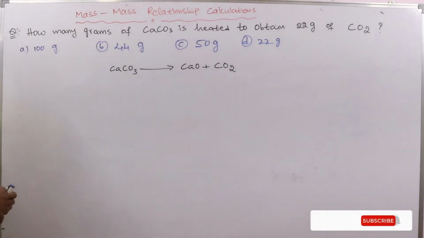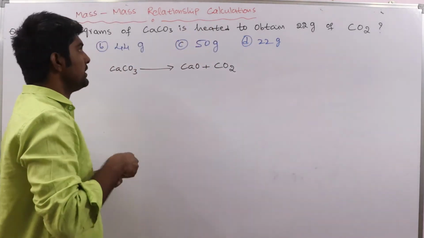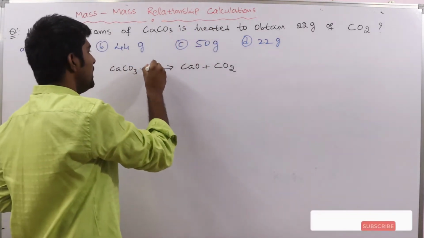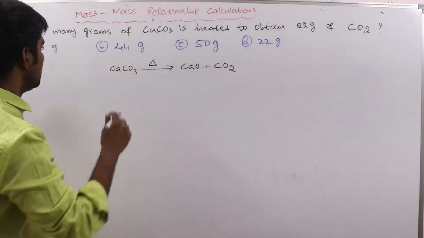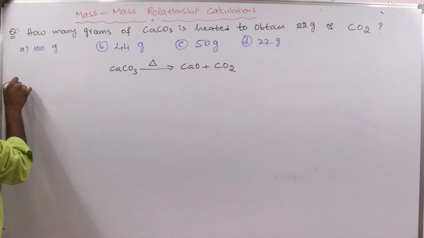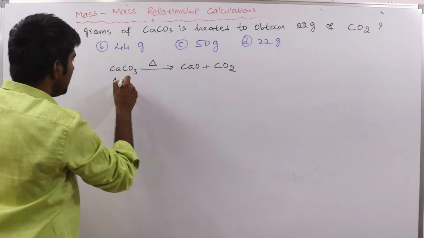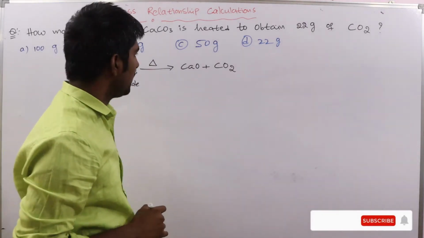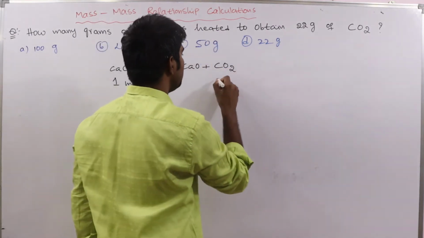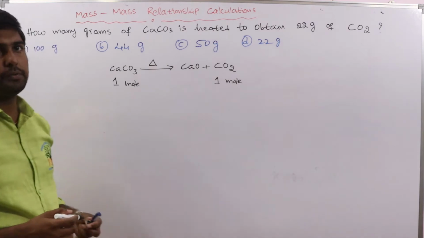So here they are asking, how many grams of calcium carbonate is heated to obtain 22 gram of CO2. Before going to that, first we have to write how many moles of calcium carbonate is heated. 1 mole of calcium carbonate, right? And how many moles of CO2 is formed? Here also 1 mole of CO2 is formed.